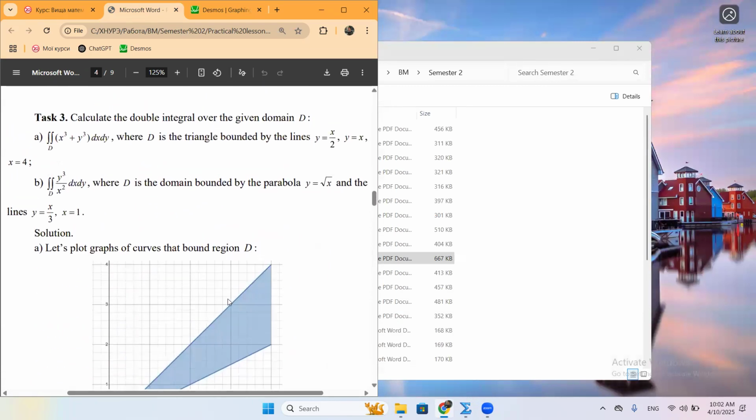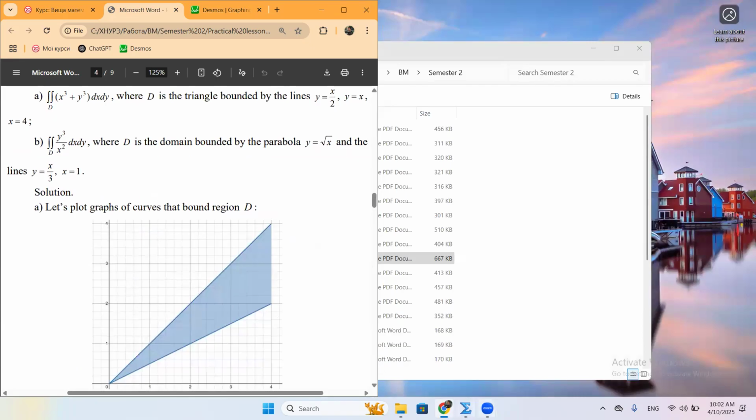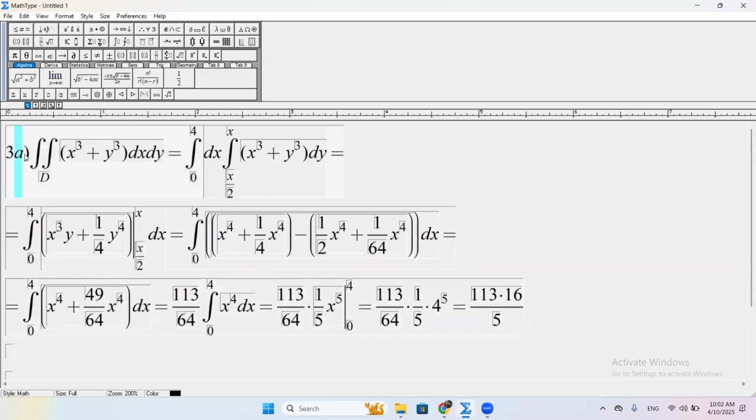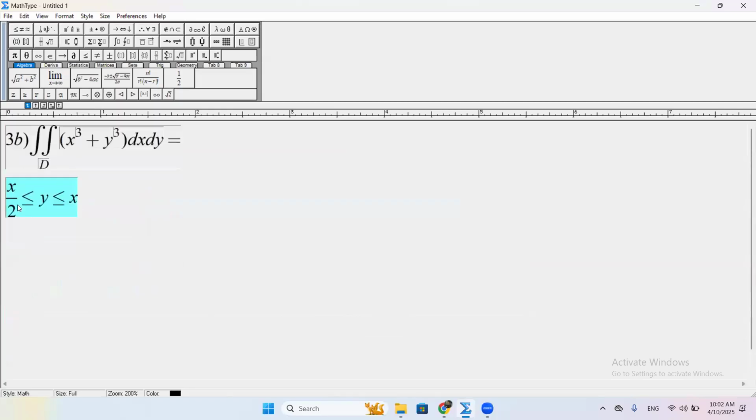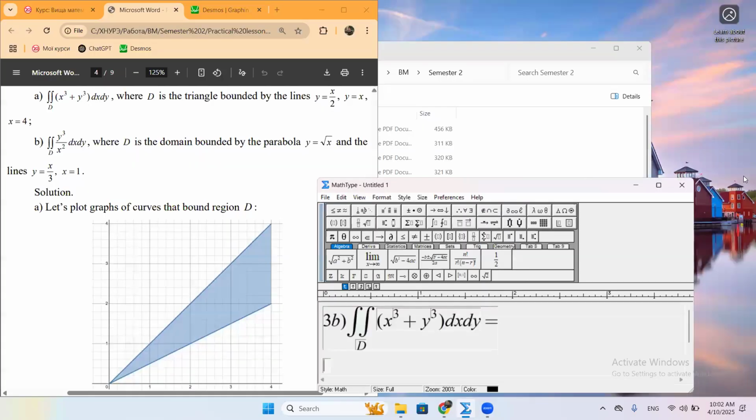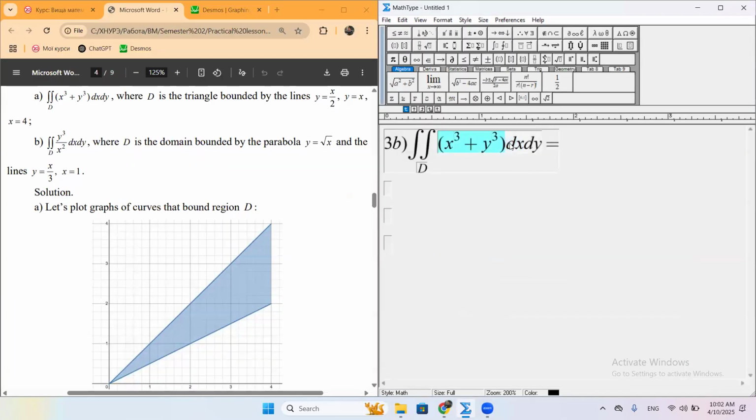And now we have the next integral. So 3b, y cubed over x squared.